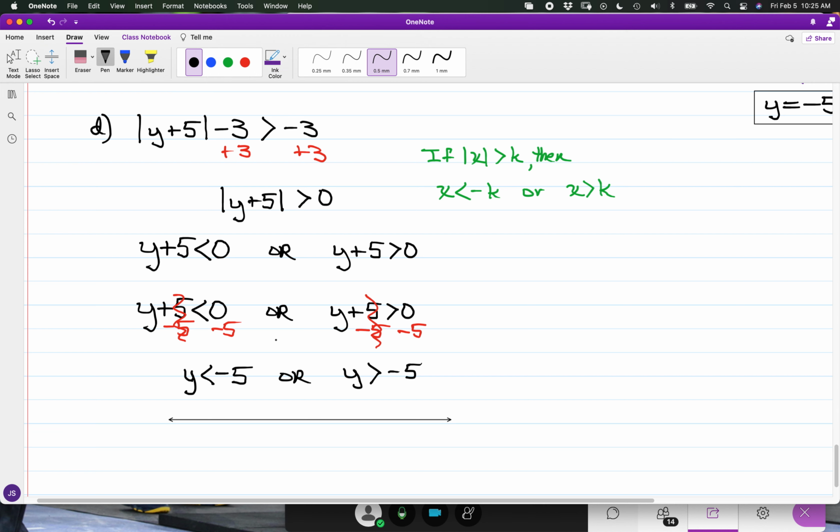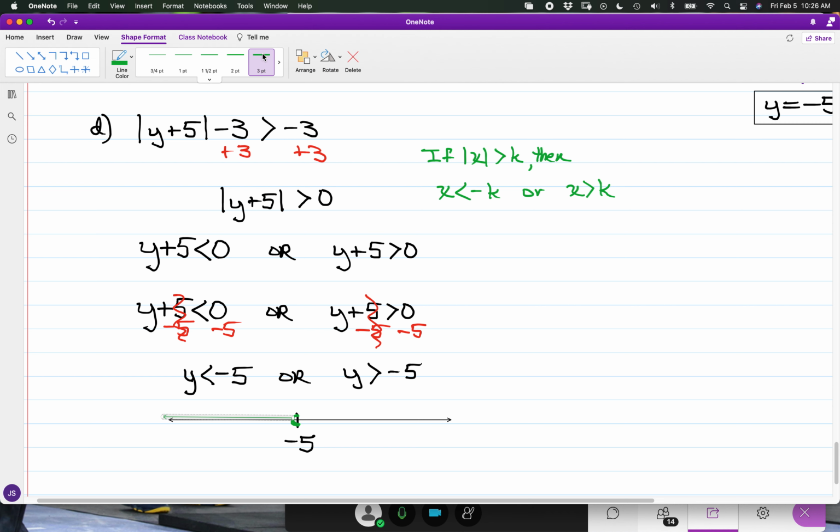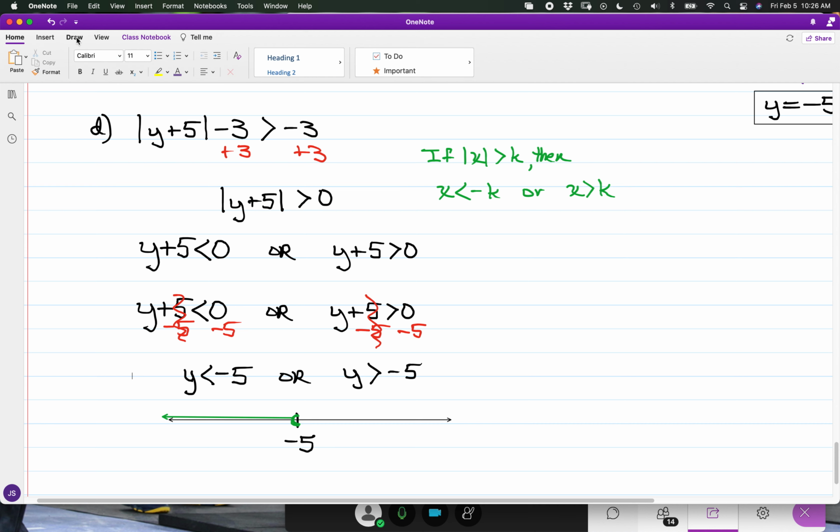Again, for the involved value in both inequalities, you have -5. For y is less than -5, we're not inclusive of -5, so we have a hole. And for that case, you have a ray that's going out to the left, approaching -infinity.